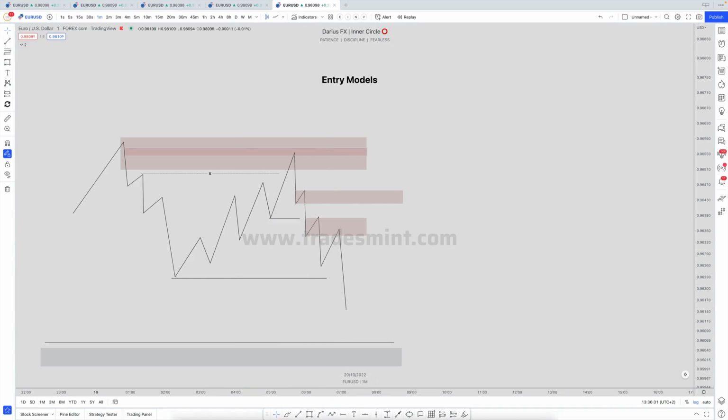So again, my entry model allows me to put my sell limit here. Why? Because I've got equal highs here at this point. Price already dropped crazy to the downside, and I can expect price to move up higher to take me in from there and then finally come to the real target.